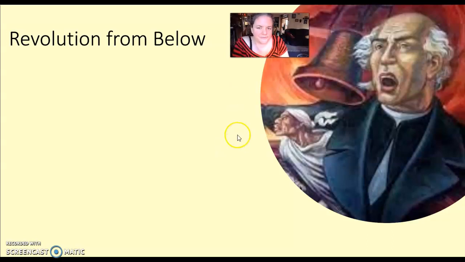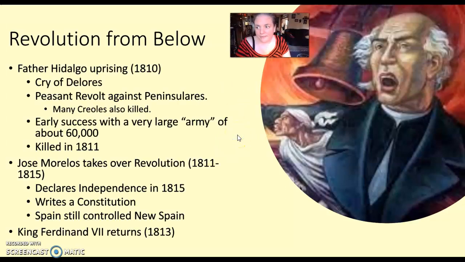All right, so it starts off as a revolution from below. So, Father Hidalgo led this uprising in 1810. The uprising was a peasants' revolution, a peasants' uprising, and it was called the Cry of Dolores, right? It was this peasants' revolt against the Peninsulares, and in that revolt, many Creoles were killed. There was very early success with a large army, big air quotes here, of about 60,000 people.